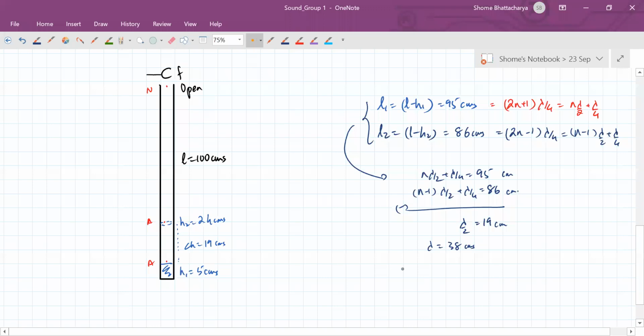Okay. So frequency will become speed of sound divided by lambda. So frequency of that tuning fork is 350 divided by 38 into 10 raised power 2 if we calculate in hertz. Okay.